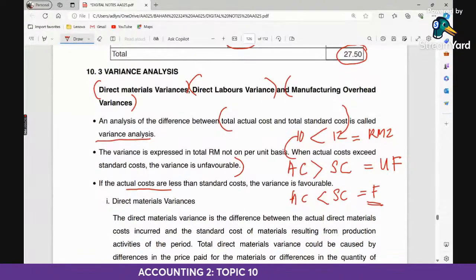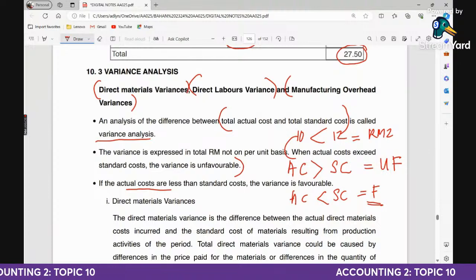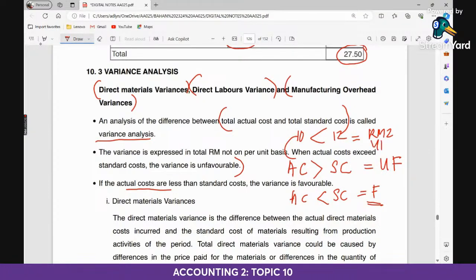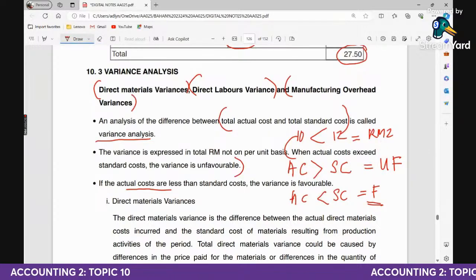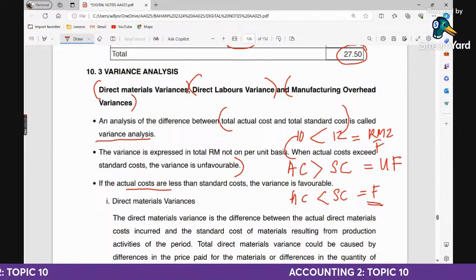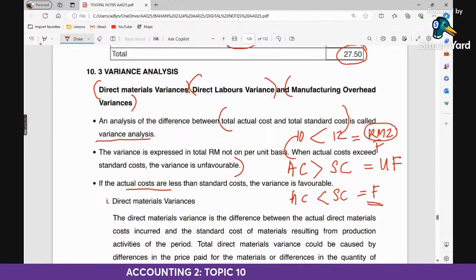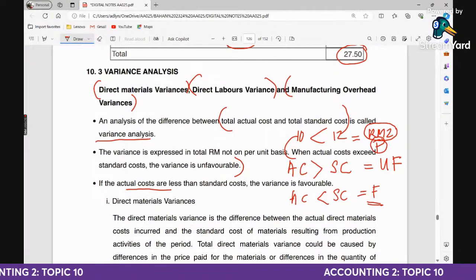Okay, so kalau kat sini you tengok situasi dia actual is less than standard. That means RM2 ni ialah favorable. Okay, that is what we call as variance analysis. So RM2 ni dia variance, favorable ataupun unfavorable is actually your analysis.